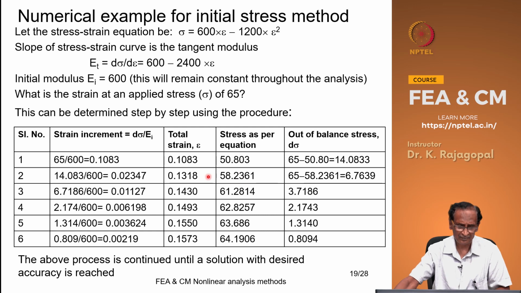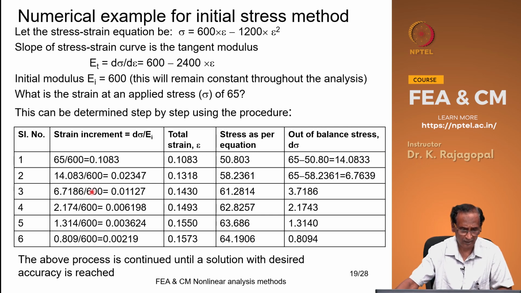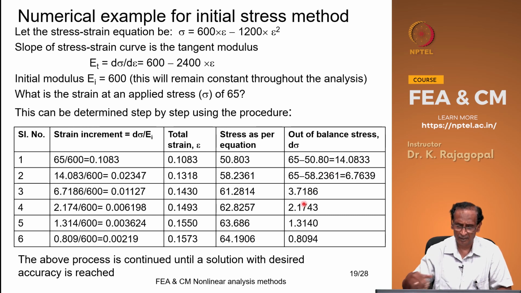And so, you go on repeating this process, and each time we are maintaining the same Young's modulus of 600, then we are calculating incremental strains, and then the total strains, and then the stress as per our equation that is given. And you see, as the number of iterations are increasing, your out of balance stress is decreasing, and your total strain is also converging.